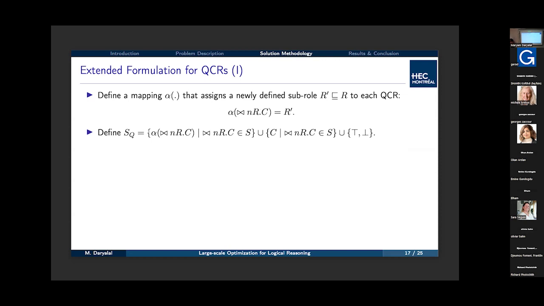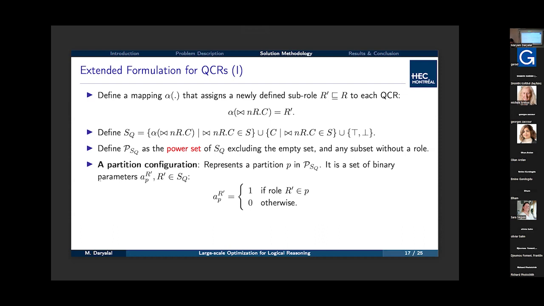SQ here is the set of those subroles, as well as the set of all the concepts that are involved in those QCRs, and the set thing and the set nothing. Then I define this, the power set of SQ. That's what we defined every one of those decision variables for.